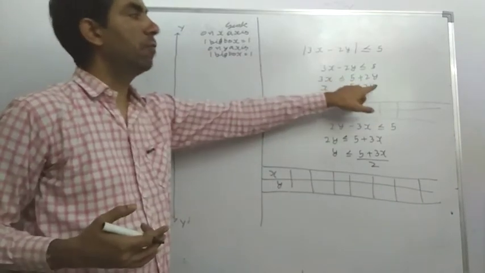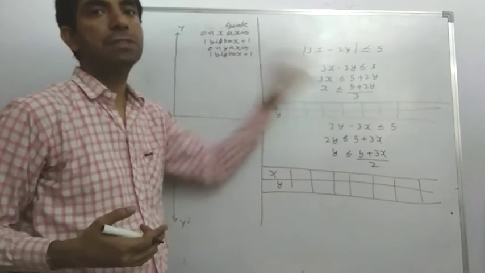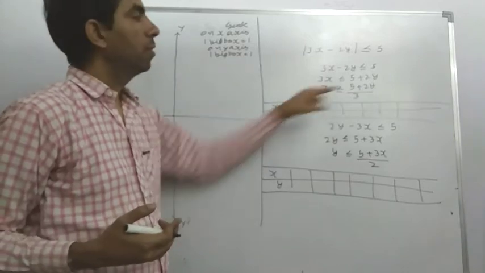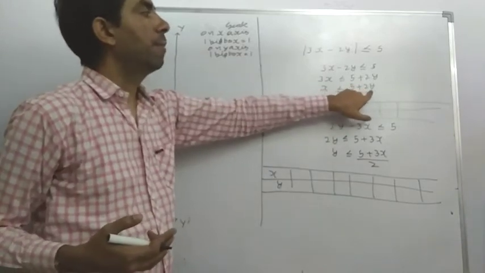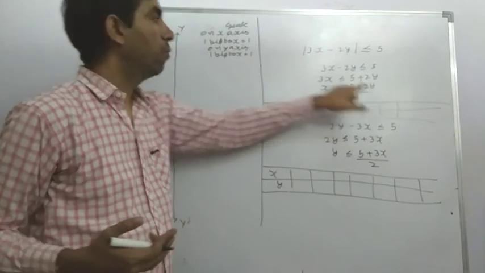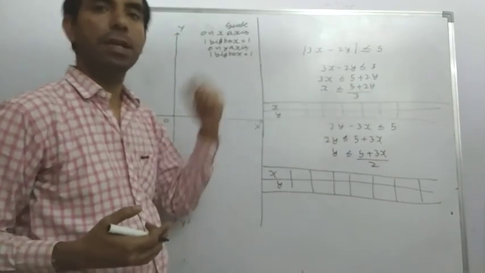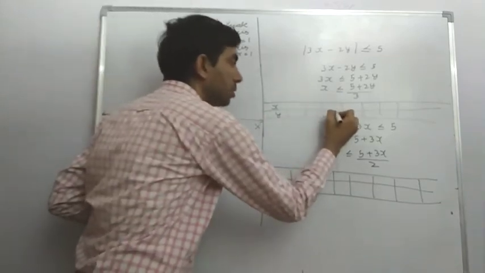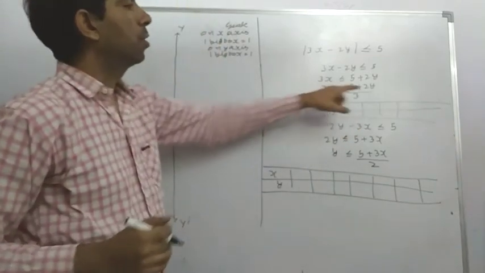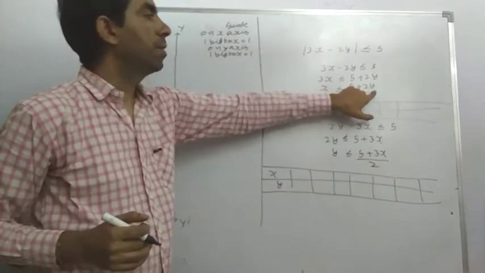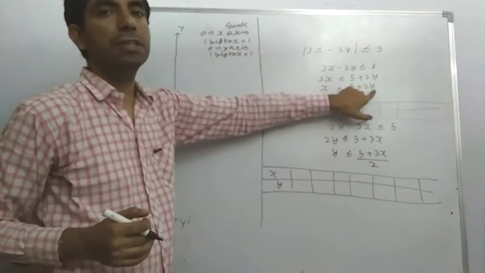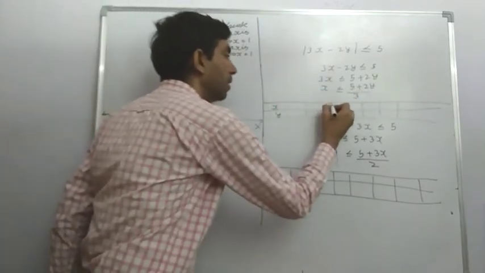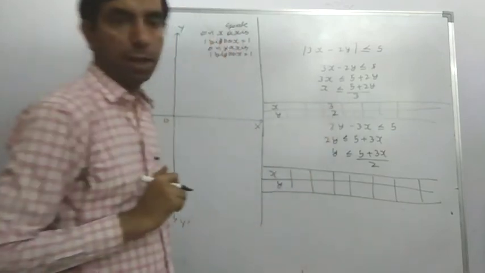Now we take y is equal to 1: 2 times 1 is 2, 2 plus 5 is 7, 7 upon 3, it cannot be solved. Next we take the number 2: 2 times 2 is 4, 4 plus 5 is 9, 9 upon 3 will be possible. So we take y value 2: 2 times 2 is 4, plus 5 is 9, 9 upon 3 is 3. So we write the value 3 here.